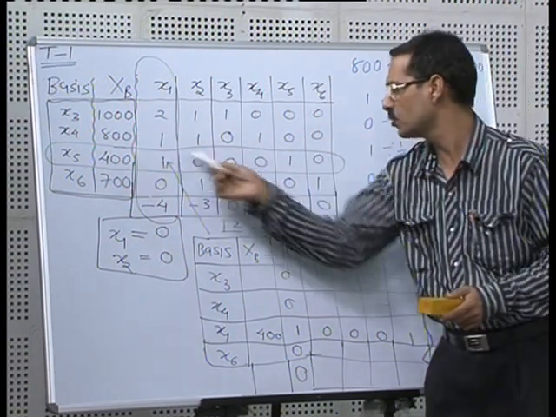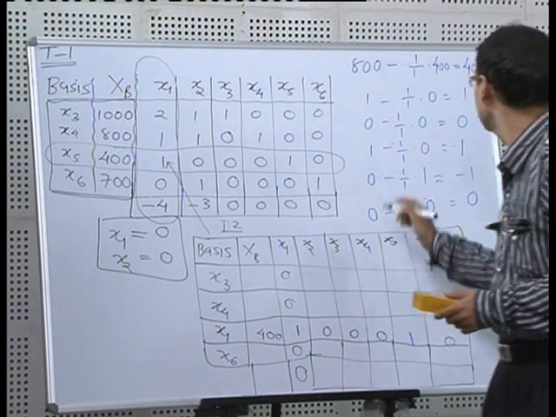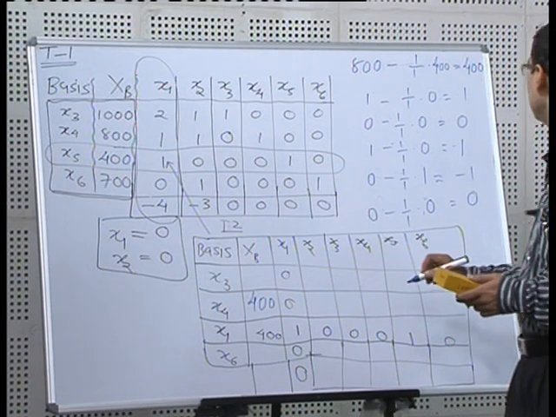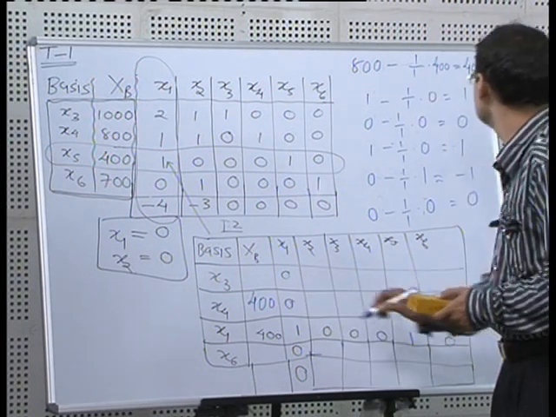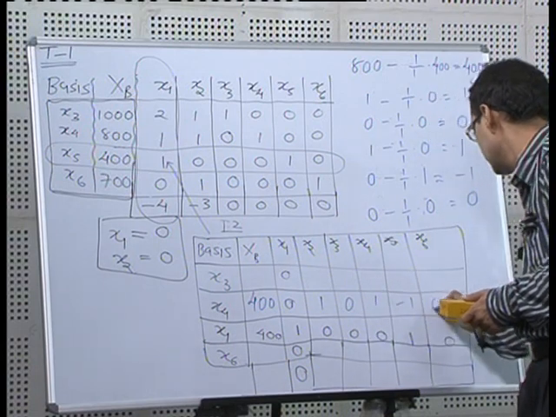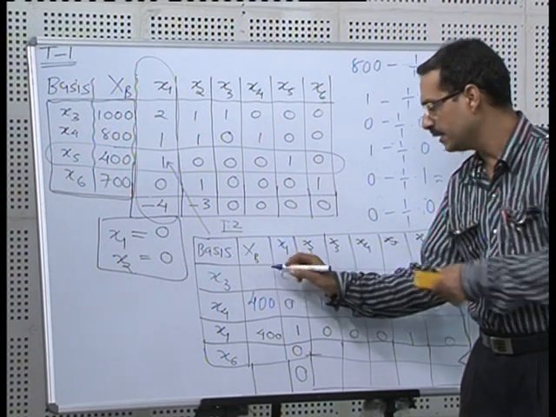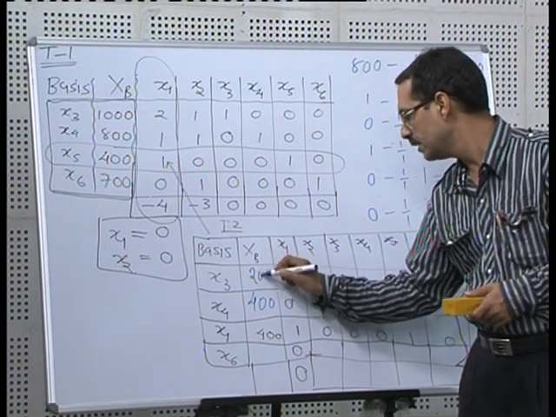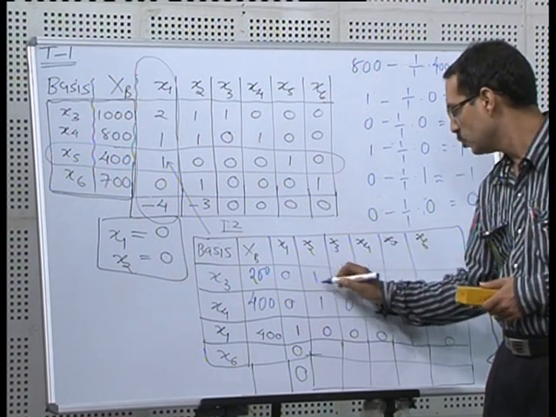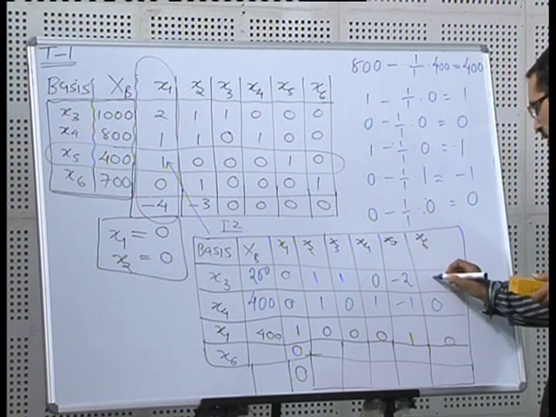We are not worried about this row because it is already filled in. Okay. So, this row is 400, then this is already 0, 1, 0, 1, minus 1, 0. Earlier row, which we calculated earlier, was 200, then 0 was there, 0, 1, 1, 0, minus 2, 0.